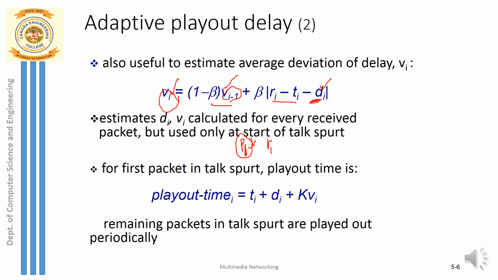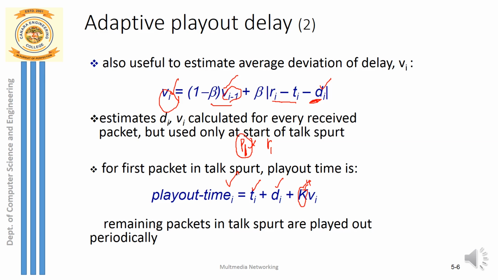So how should you calculate the playout time? The playout time is based on the time the first packet was sent, T1, plus the average delay that you calculated for it, plus k times the variance, where you can take the value of k as 4.